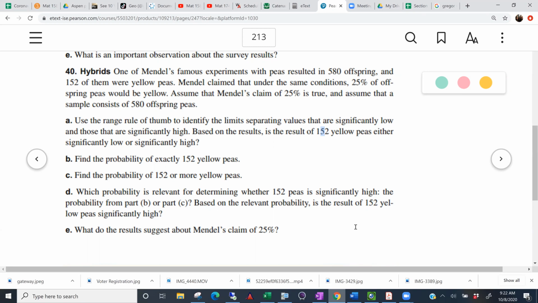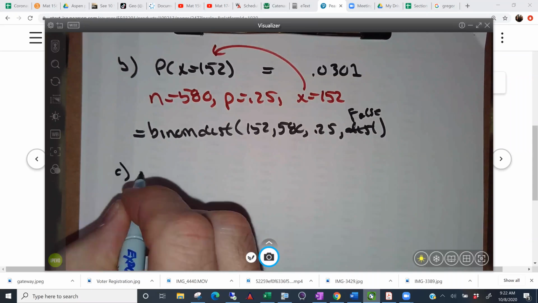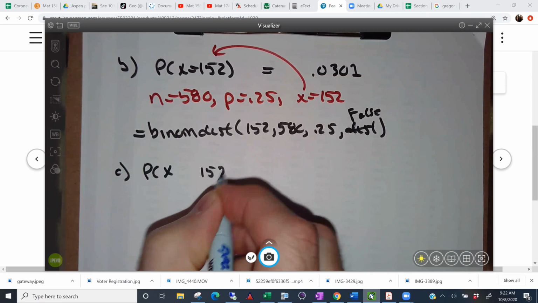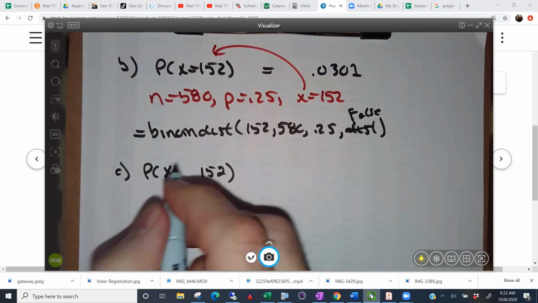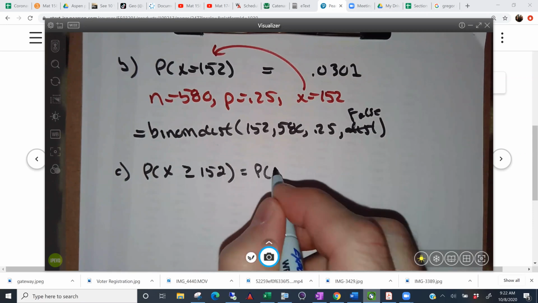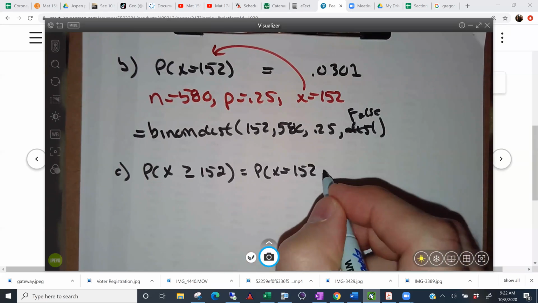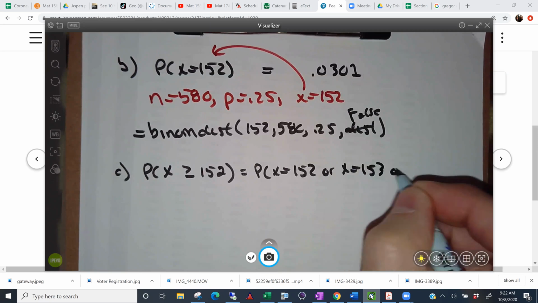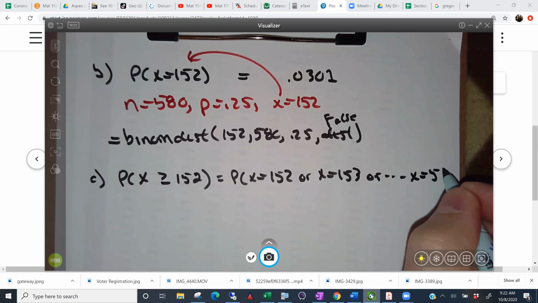Probability-wise, what that's asking us to do is calculate the probability that X is, what symbol should I put in here? Greater than or equal to. Greater than or equal to, thank you. And that would mean that X equals 152, or X equals 153, or all the way up to X equals 580.